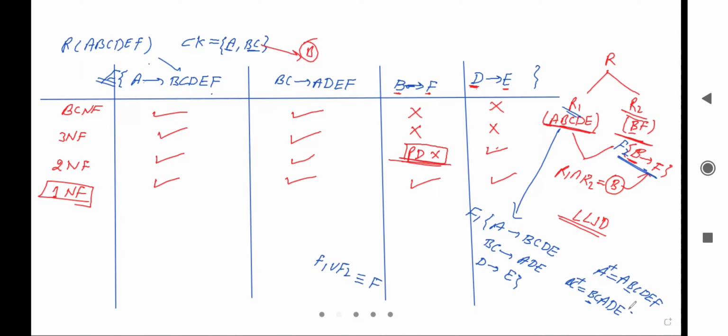So BC can derive F, and after the trivial case it can derive A, D, E, F, right? So this is also implied. B goes to F and D goes to E are directly given, right? It means F1 union F2 is equal to F. So we can say dependency is preserving.